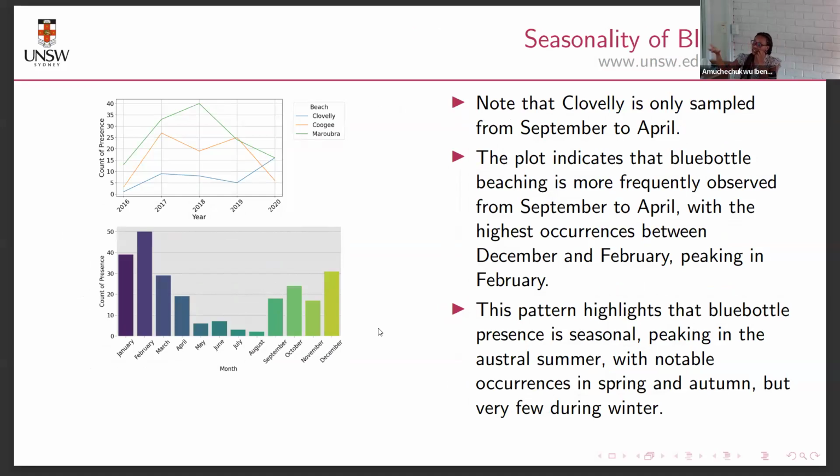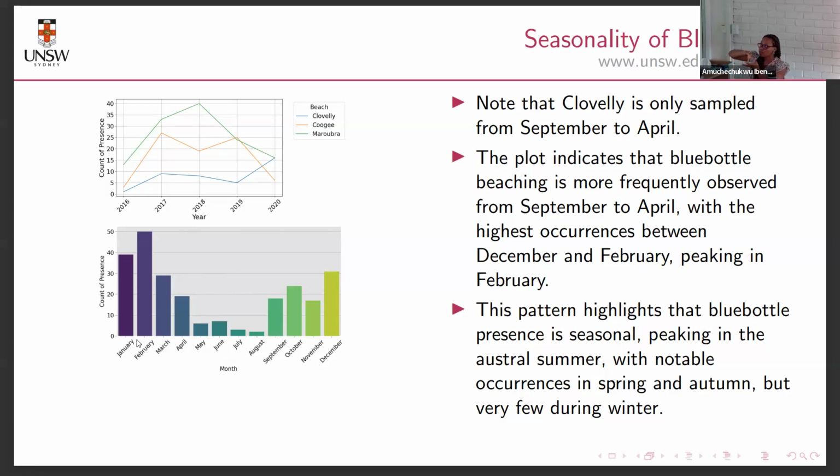So we checked the seasonality of the blue bottle, which has already been determined. We looked into it and found that there are more occurrences in Marubra, and during the month of February there are more occurrences. Clovelly Bridge is sampled from September to April, like I stated, so it's understandable why there is not much data.